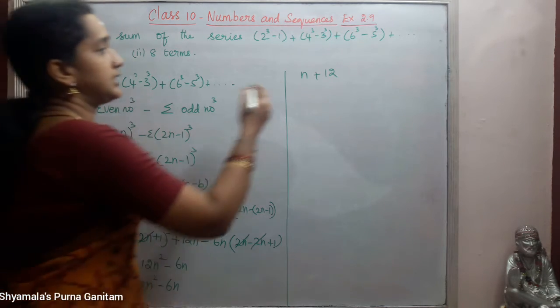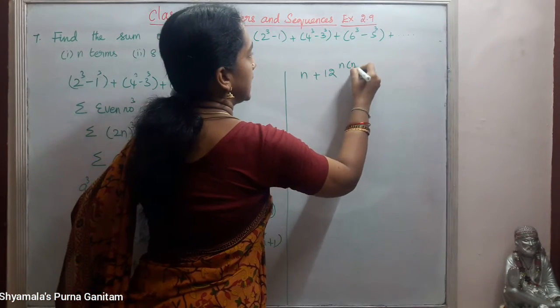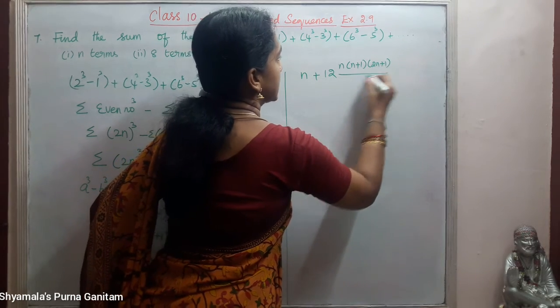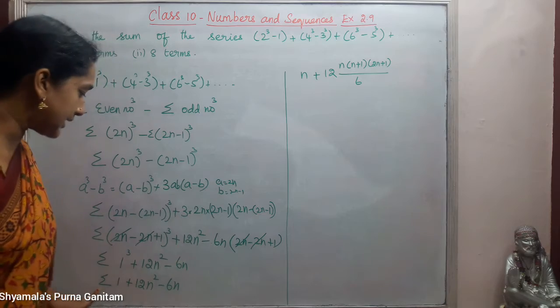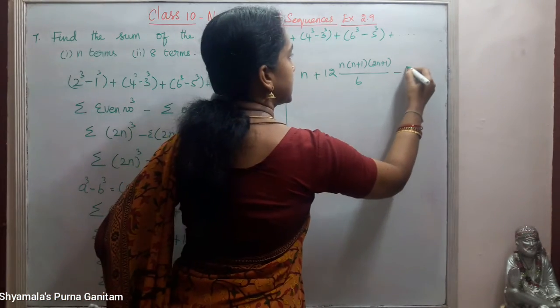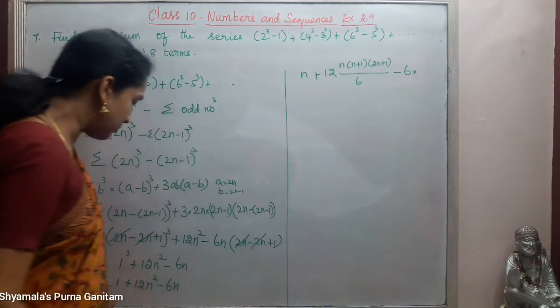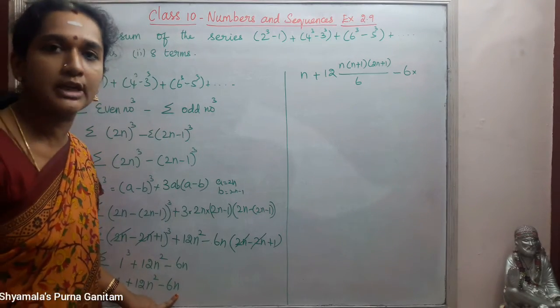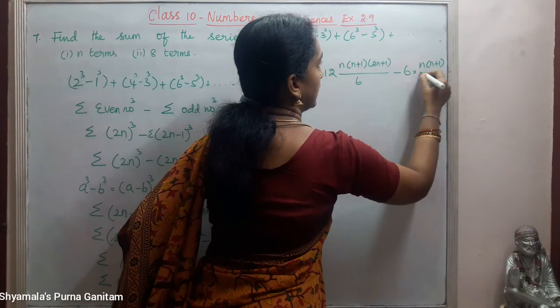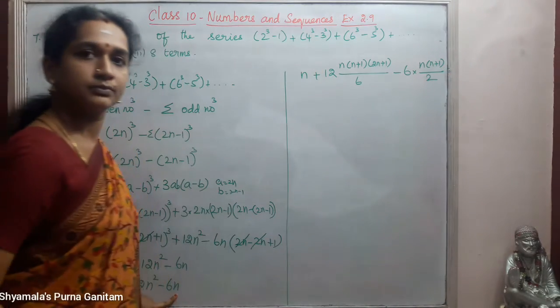It is n into n plus 1 into 2n plus 1 by 6. That is the sigma n squared formula. Minus 6 into sigma n, the sum of n natural numbers. What is the formula? n into n plus 1 by 2.